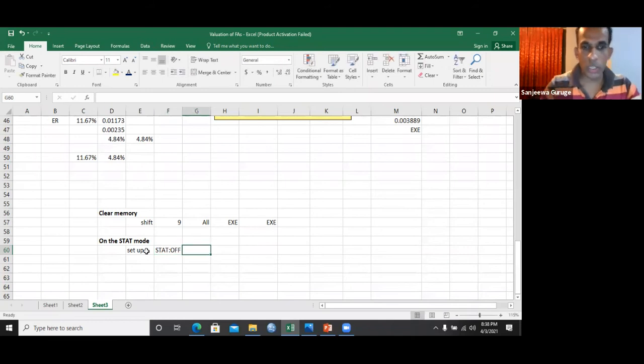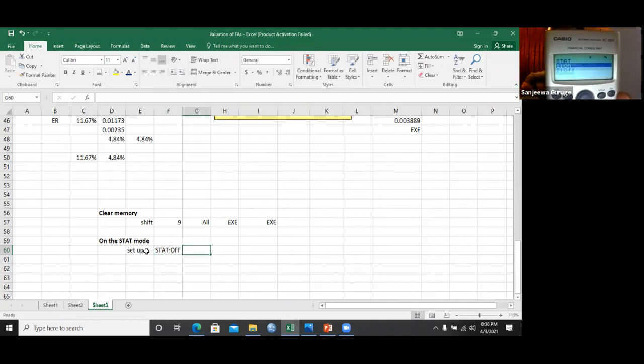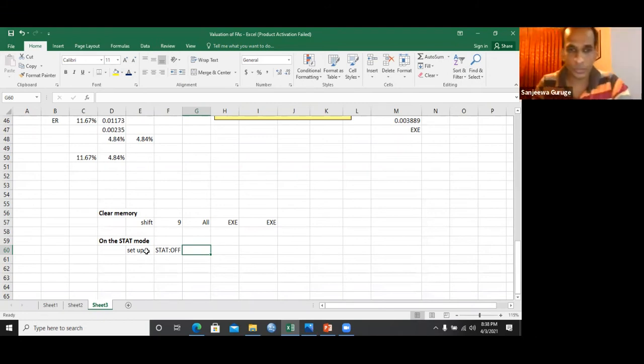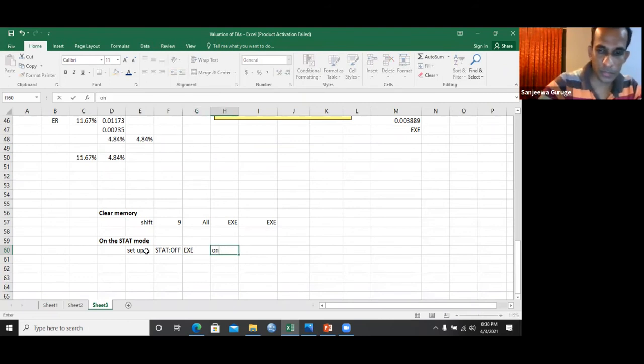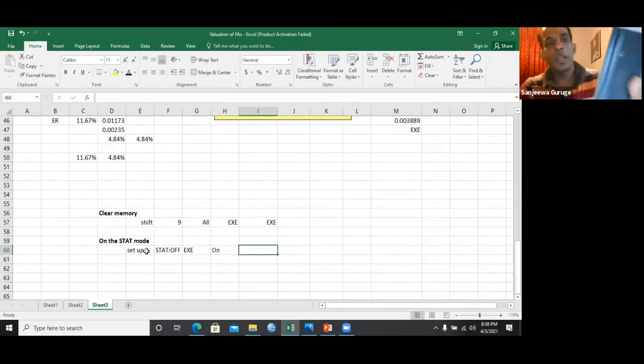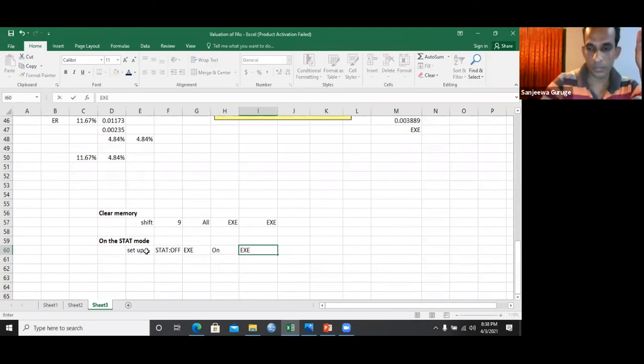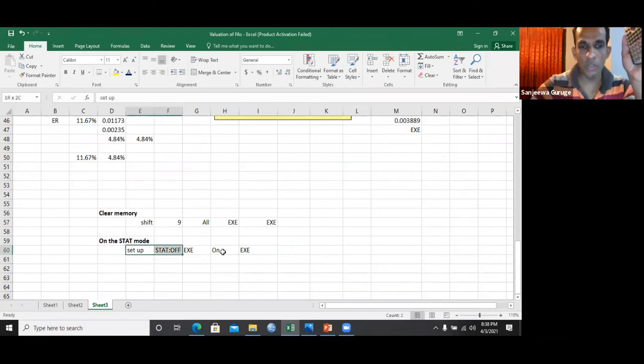So you have to press EXE and then select on. Select on and press EXE. Okay, now you have turned on the stat mode.